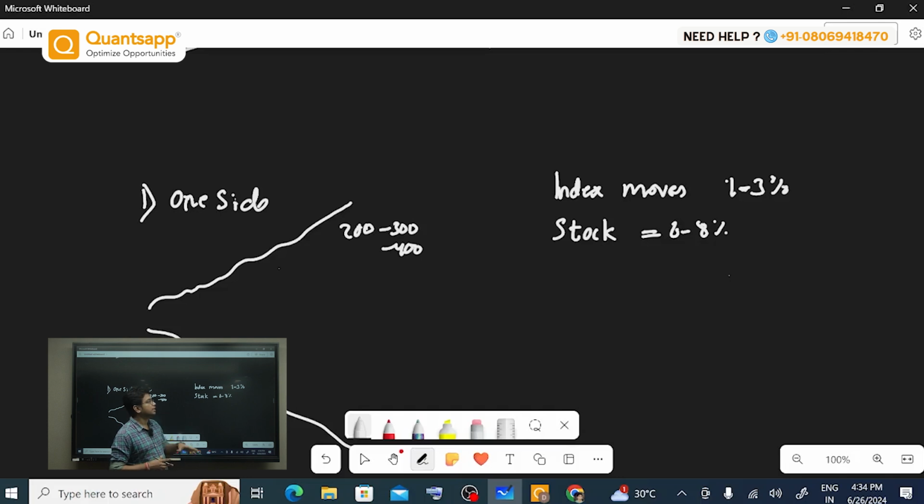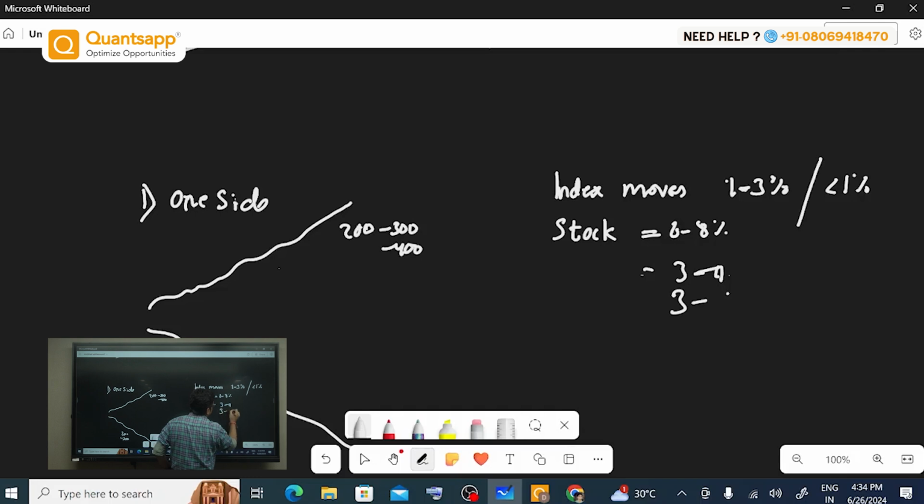Even if the index moves 1% or less than 1%, the stock will give you 3 to 4%.